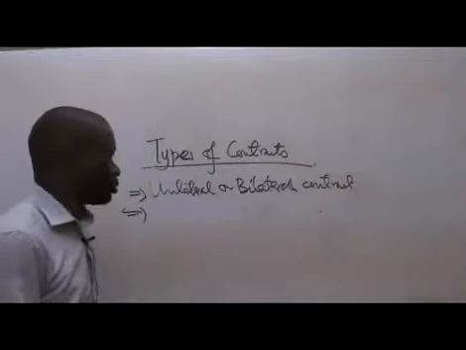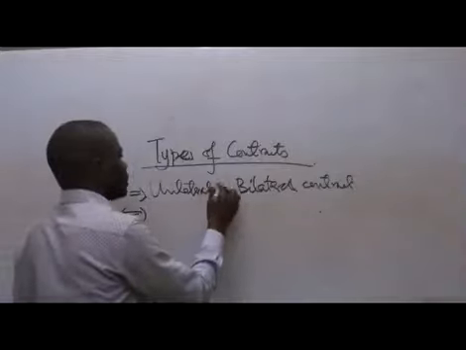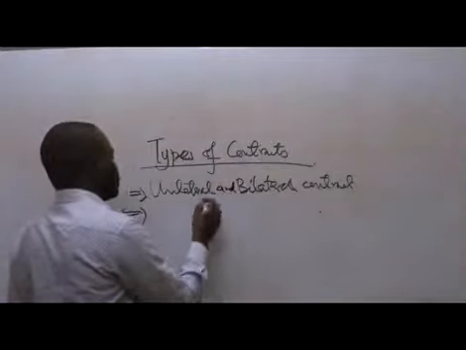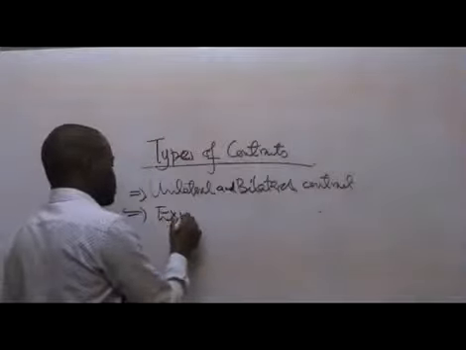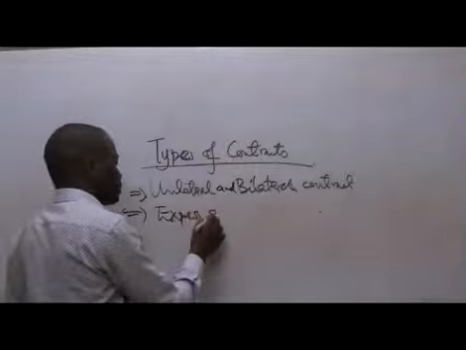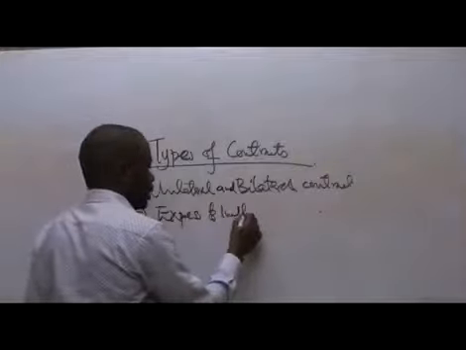Express and implied contracts. Instead of or, you can just say and. Express and implied contracts.